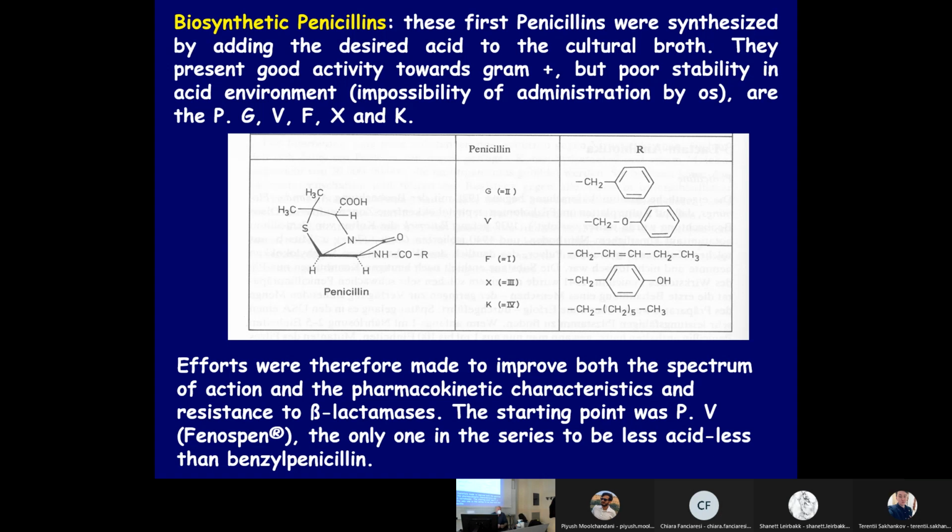Just to be sure, we're talking about penicillin G. G, yes, the first penicillin on the market, 1944, during the last part of the Second World War.